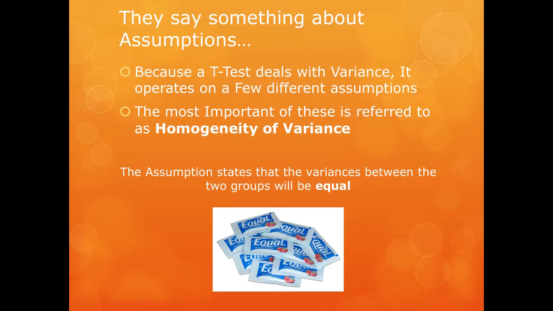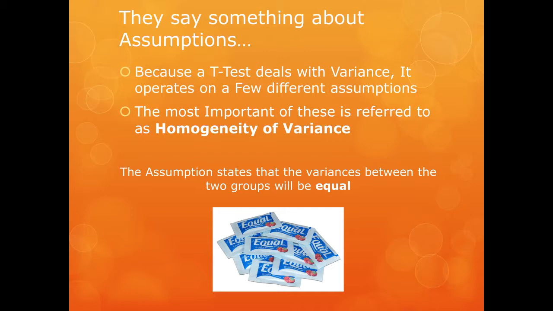So statisticians have figured out a way to make the test as accurate as possible, because we're comparing samples and we're trying to infer something about the population, okay? So we need to be very careful when comparing groups to be as close to the real thing as possible, to run our statistics in a way that we're not going to introduce any biases.